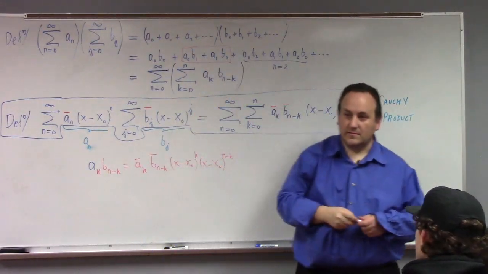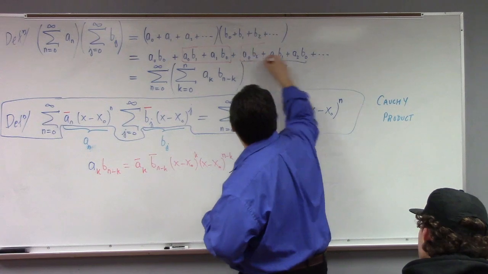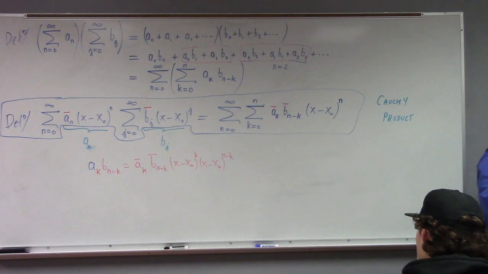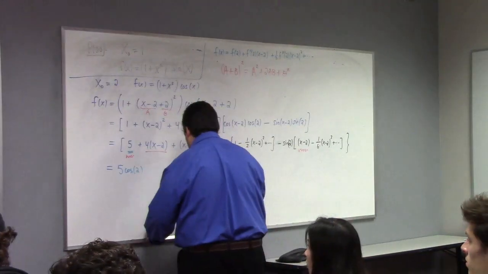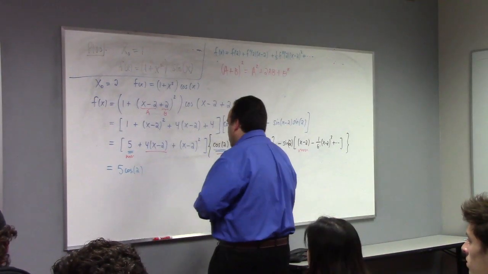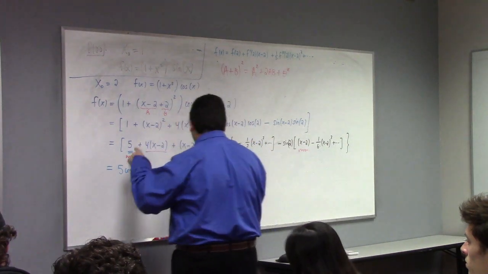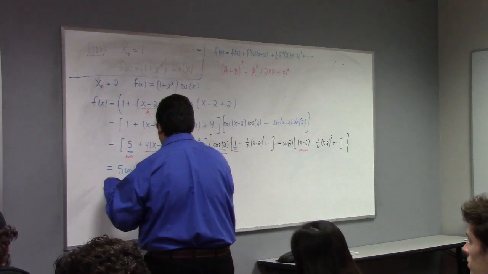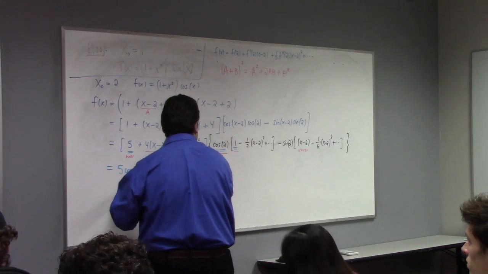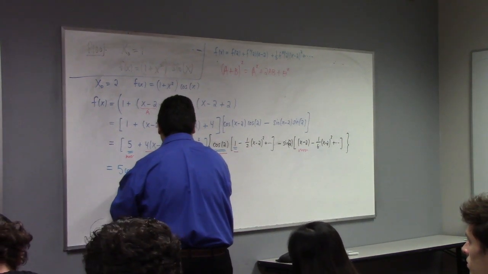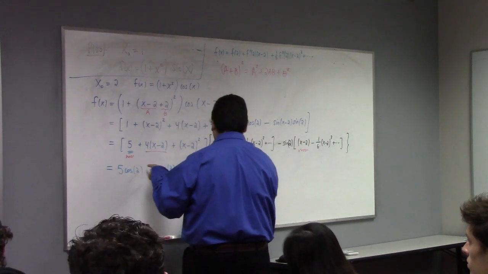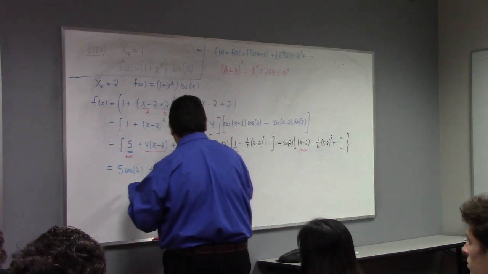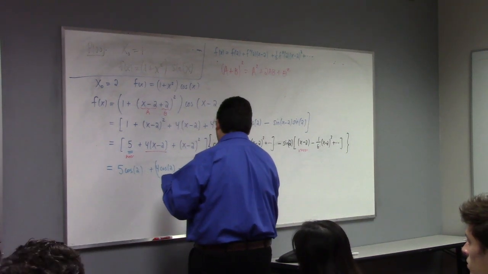It's that same idea. So at quadratic terms, there are 3 ways to get it: either the constant times the quadratic, or the linear times the linear, which I think I missed last class, and you guys corrected me on it. Let's see here. So plus 4 cosine 2, and then minus 5 sine of 2, close parentheses, times x minus 2.